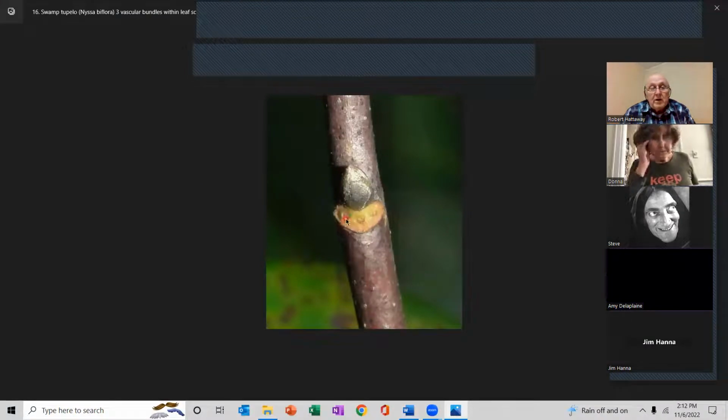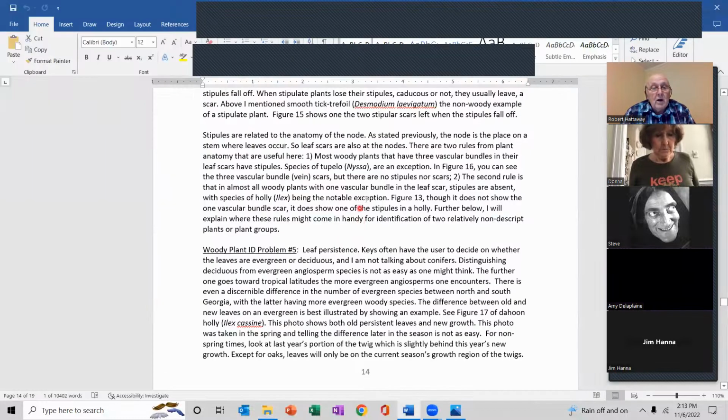Okay. There are 3 veins or bundles in the leaf scar of a swamp tupelo, but there's no stipule over here or even a scar. So that's an exception to the number 1 rule, that if something has 3 bundle scars like that, you'd expect it to have stipules.